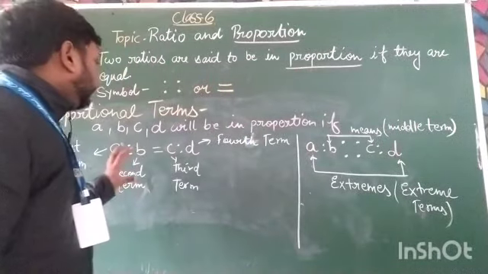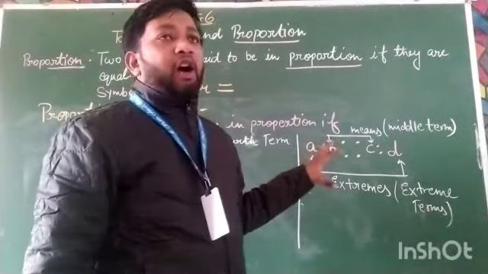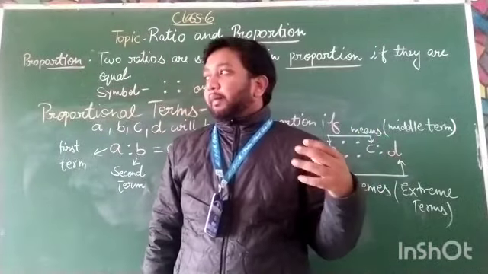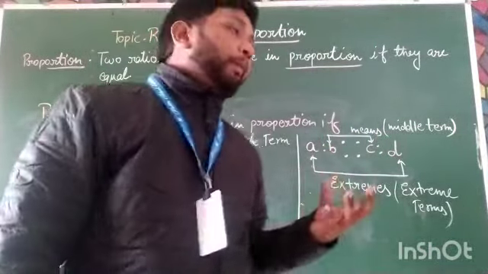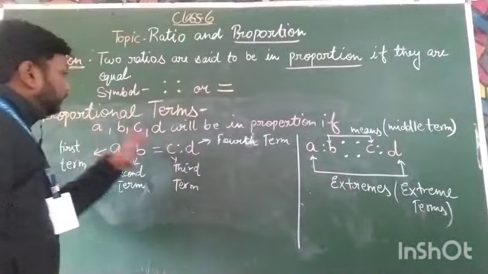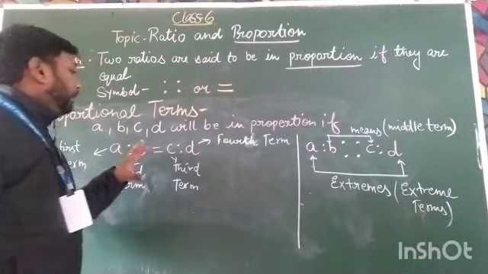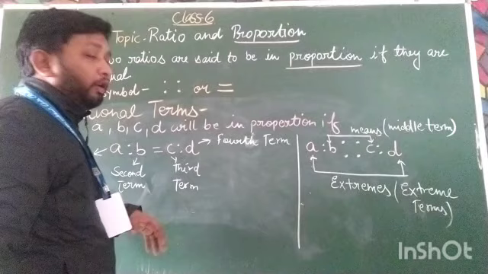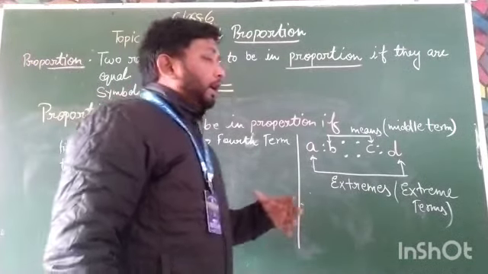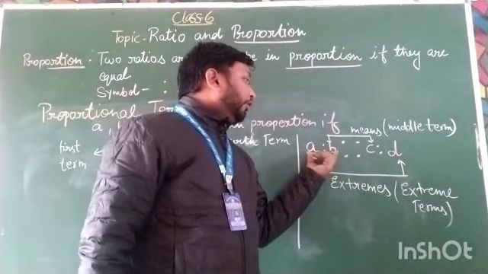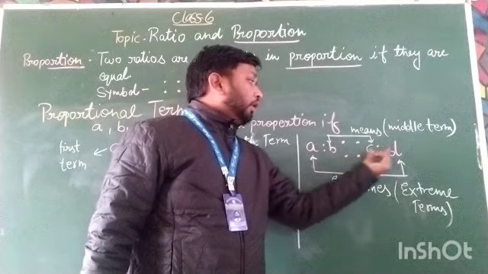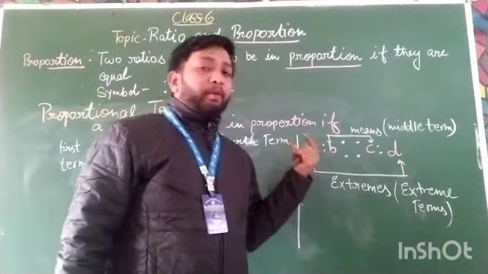So here is how we represent a proportionality with the proportional symbol. The numbers will be in proportion if A ratio B is equal to C ratio D, or we can say that A ratio B is proportional to C ratio D. This is the symbol of proportion.